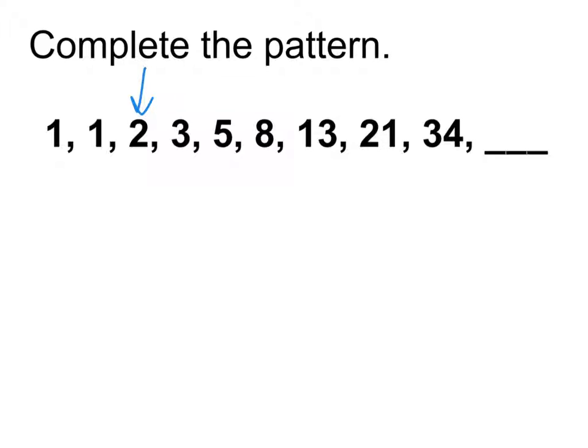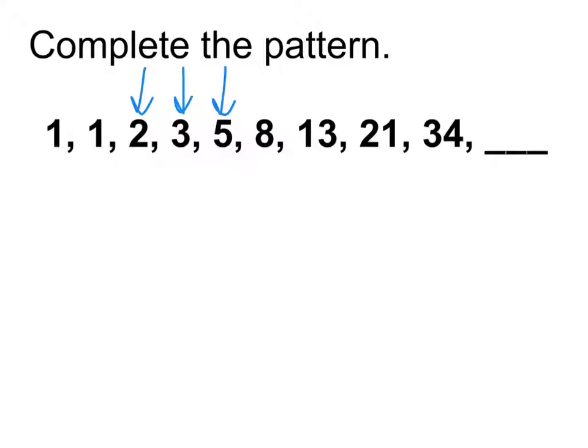Notice how the 2 is related to the numbers before it. How is the 3 related to the numbers before it? How is the 5 related to the numbers before it? You start to see it? So for instance, the 5.